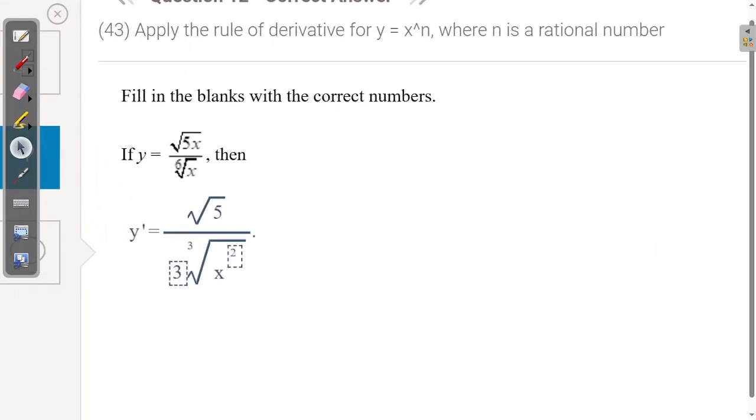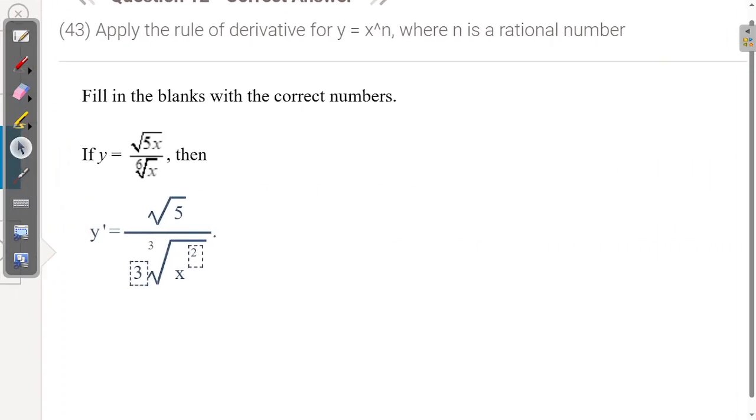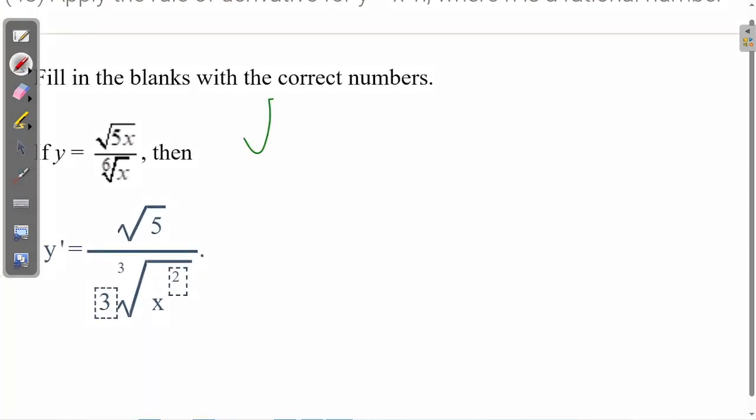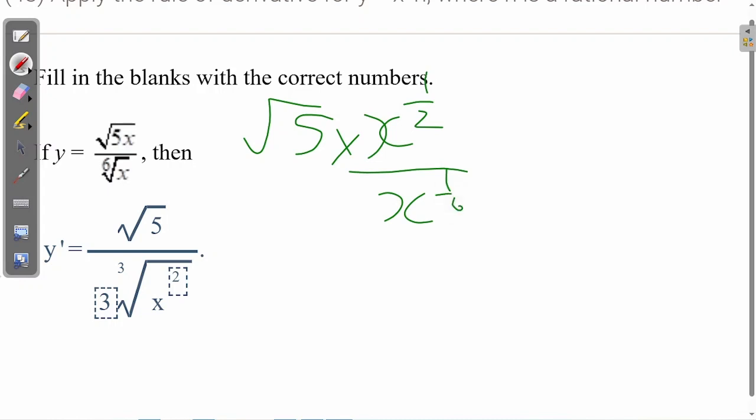For this one, first you keep the radical 5 aside. Then x, make it into an exponent, it's not a radical, so it's x to the power of 1 over 2, over the 6th root, which is x to the power of 1 over 6.